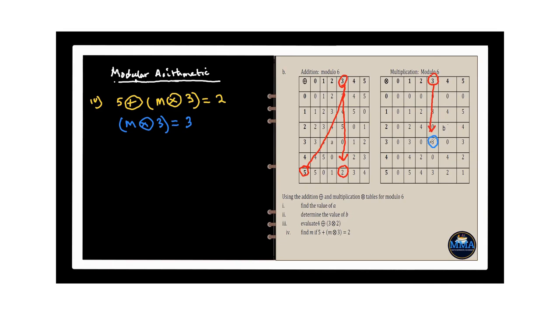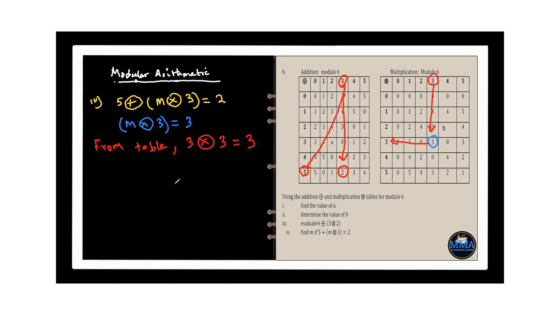So now, if you look at this place, look at what happens here. 3 times 3 gives us 3. So here from the table, 3 times 3 gives us 3.